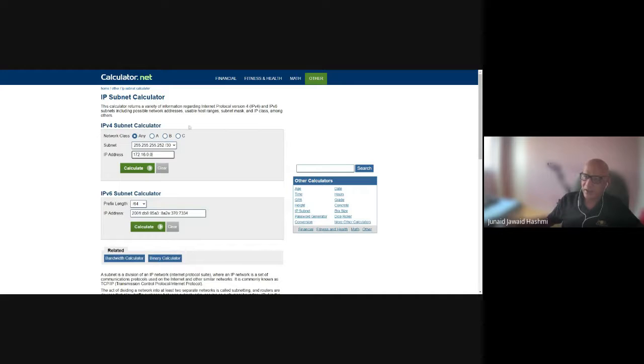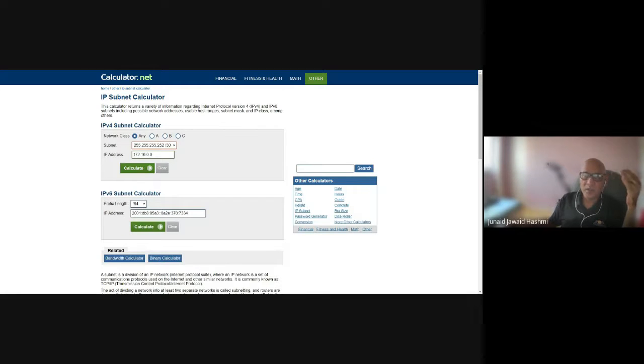Now, like I said, the best thing, if you're subnetting a class B IP address, is to take the whole 8 bits from the third octet to come up with your subnetworks.